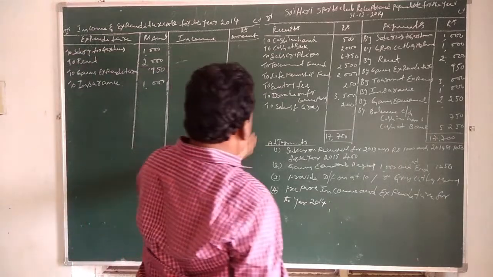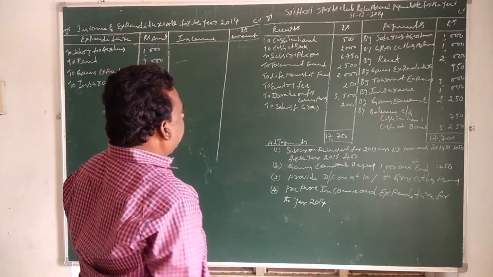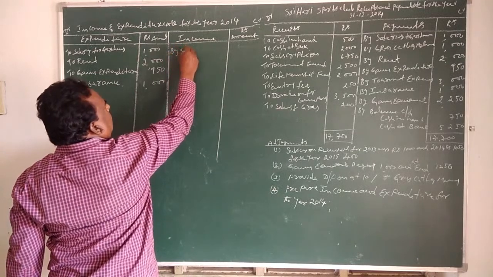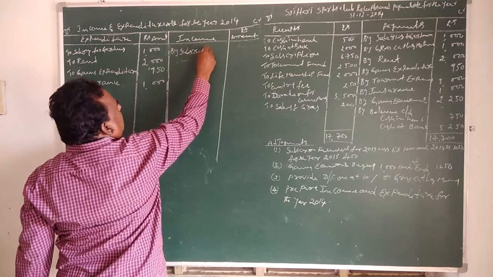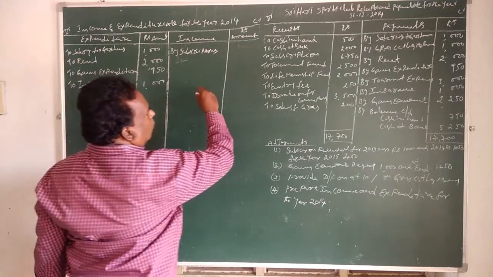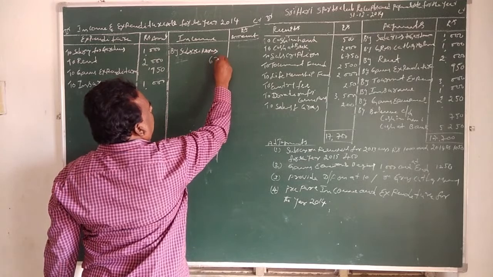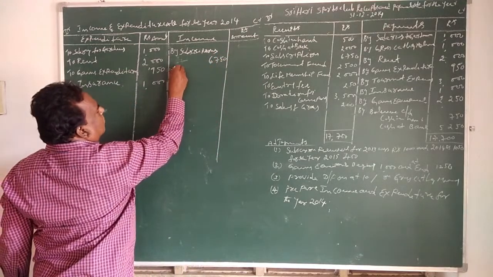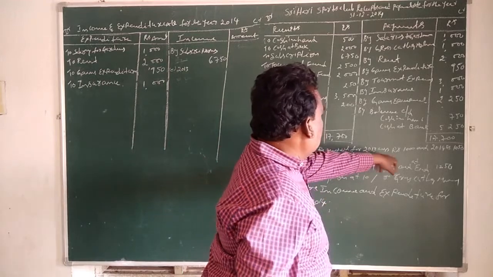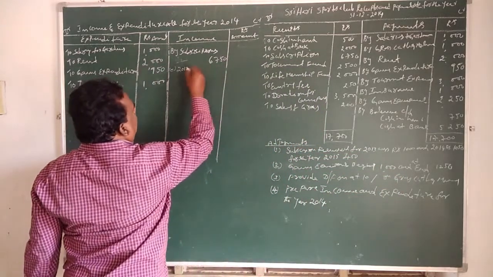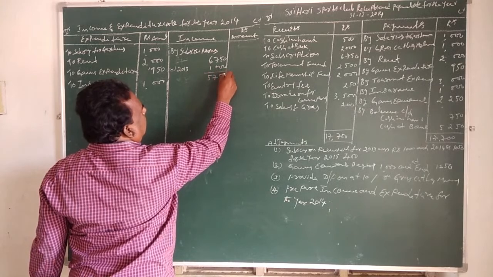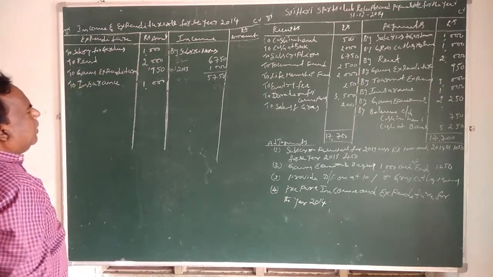Next, incomes. By subscriptions 6,750, in which we deduct 1000 for 2013, giving 5,750.